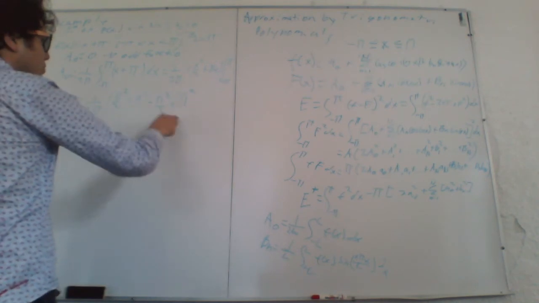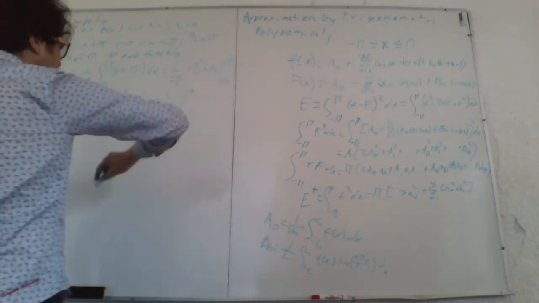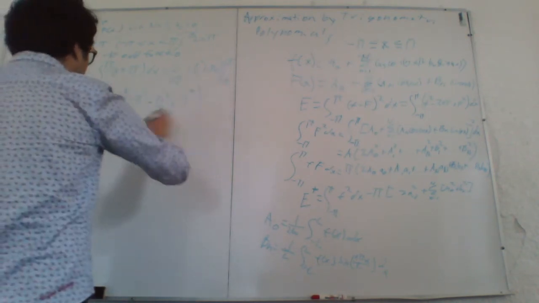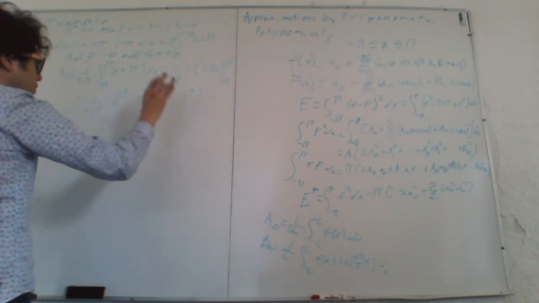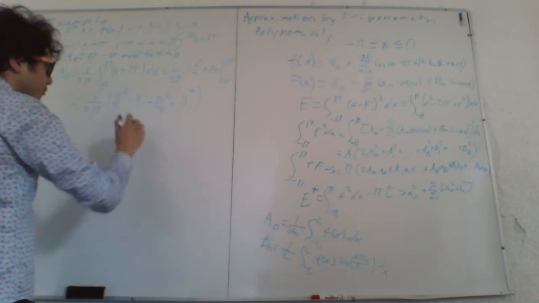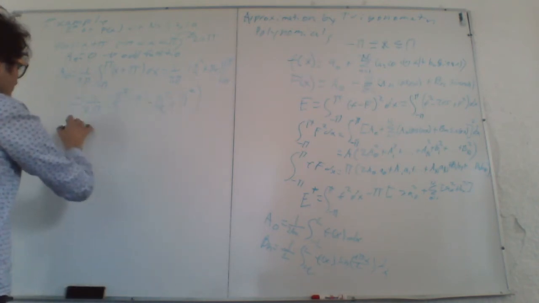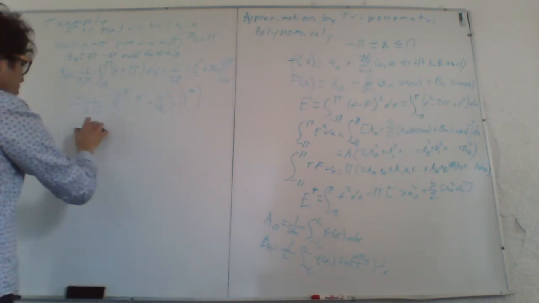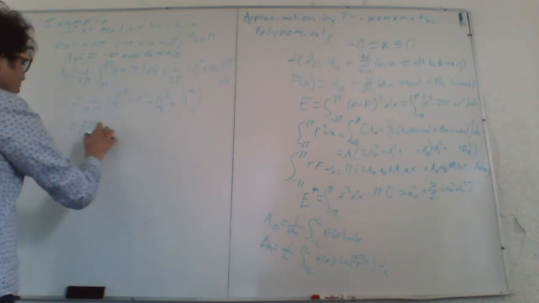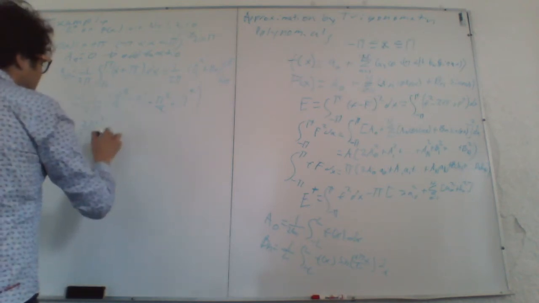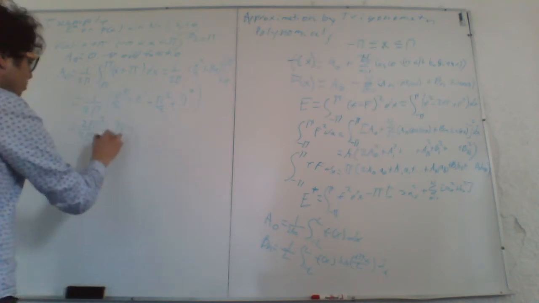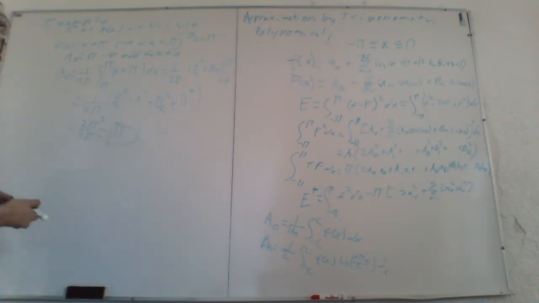This is minus and this is plus. And we have 2 pi squared over 2 pi, obviously, sorry. That is equal to pi. And this is the first one.